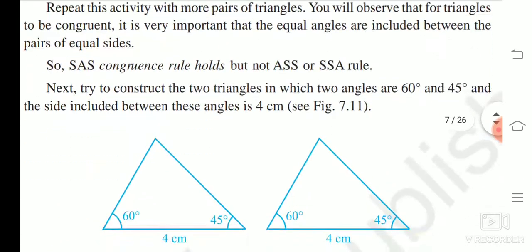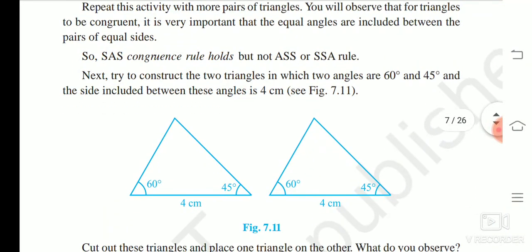Next we are going to study in between two angles. In between two angles means here angle 60 degree, angle 40 degree, and here also angle 60 and 45. In between the two angles you have a side of 4 centimeter, 4 centimeter. If the other two sides are equal, definitely they are going to merge with one another, they are going to superimpose on one another.